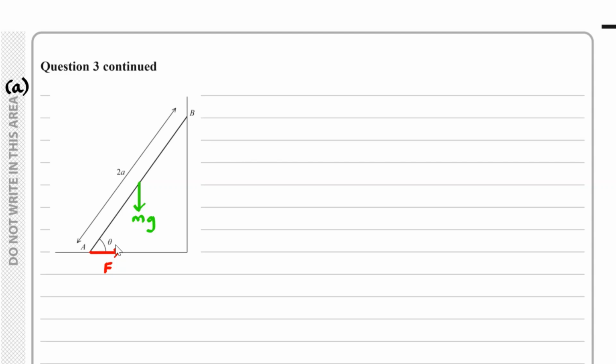We've got the reaction between the ground and the ladder. We'll call this R. And then we've got the reaction between the ladder and the wall being N. So we will add this on over here.